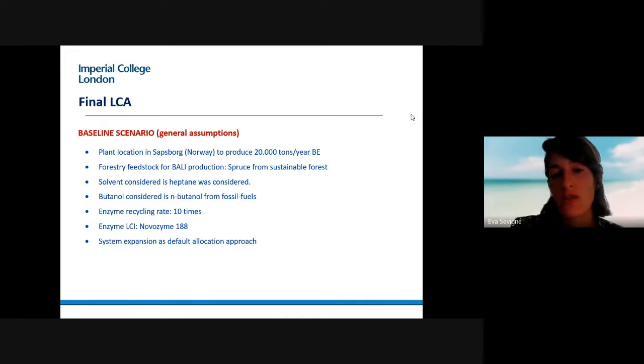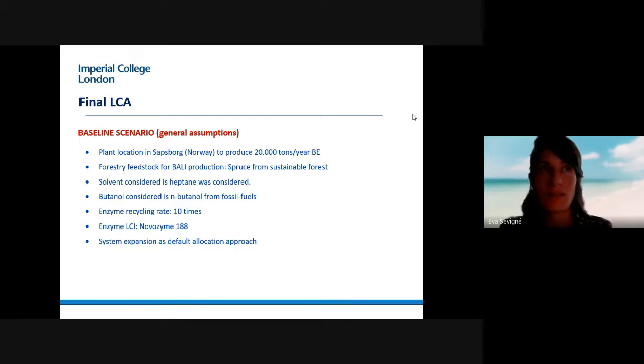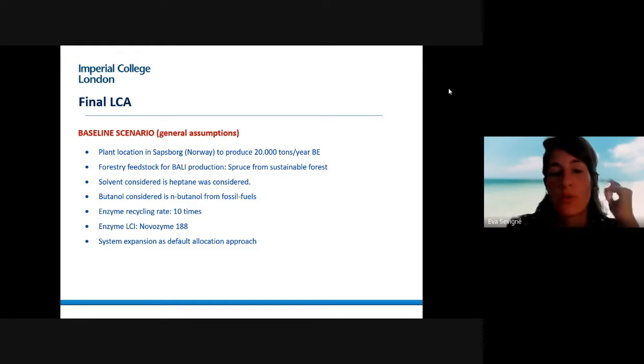So we assumed that this plant is going to be located near the facilities, and that we are going to produce 20,000 tons per year of these butyl esters. The forestry feedstock to produce the valley was coming from spruce and from sustainable forests, because this is what is happening right now in Norway.